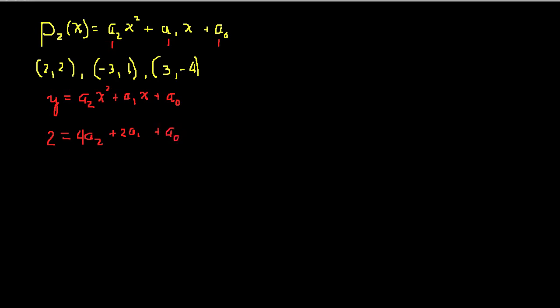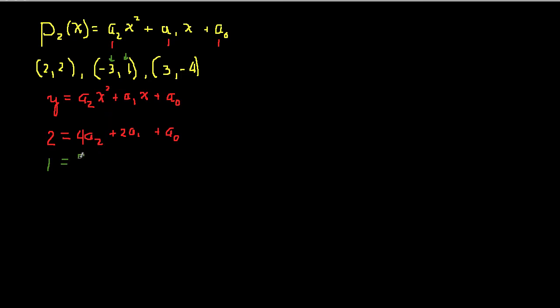First equation in red. Now the second equation I'll write in green, and it's for this set of points where x is equal to negative 3 and y is equal to 1. So for y equal 1, I write 1 is equal to a times negative 3 squared, which is 9.